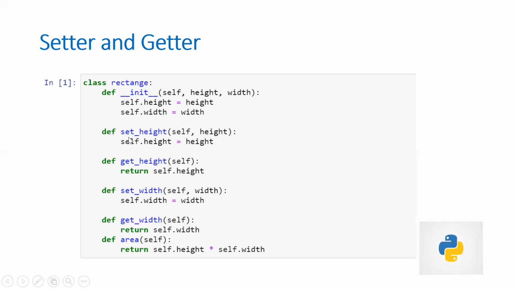Next, if I assign some value in the set height function, then obviously I want to return that value also. So for returning the value, I use the get height function. When I want to return the value, I should not mention the value again, because it is already assigned while I set the value.